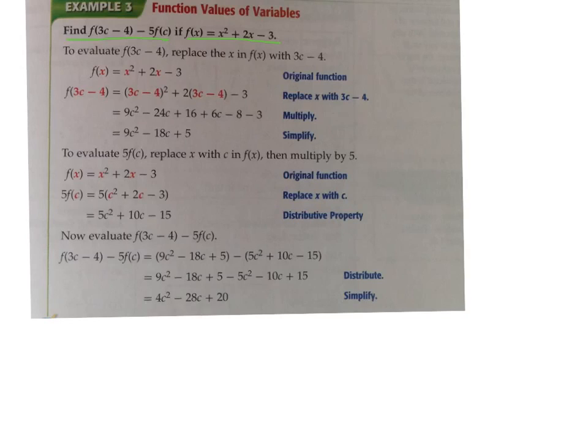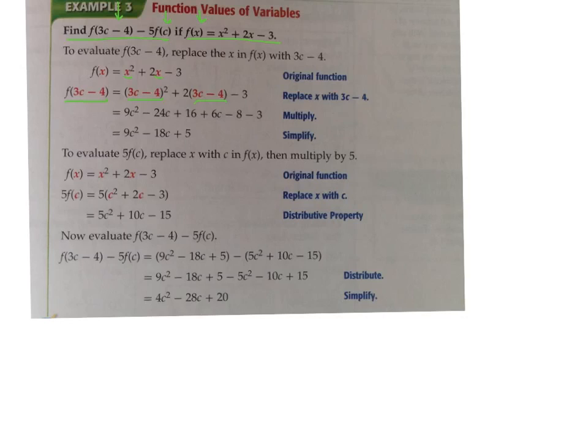Remember that when you say f of 3c minus 4 and f of c, those are the variable or variable groups that you are substituting in for x. So first of all, f of 3c minus 4 means putting 3c minus 4 in where the x goes, in both places where the x goes.